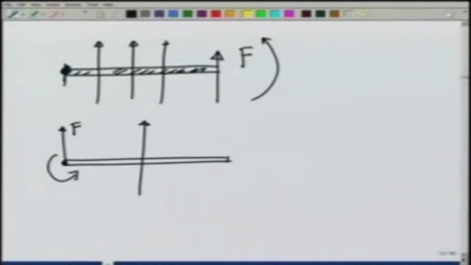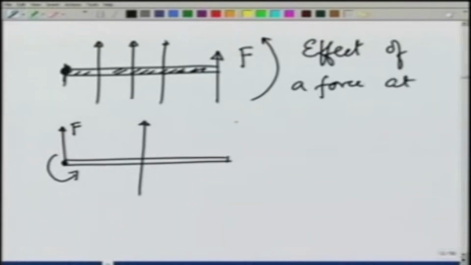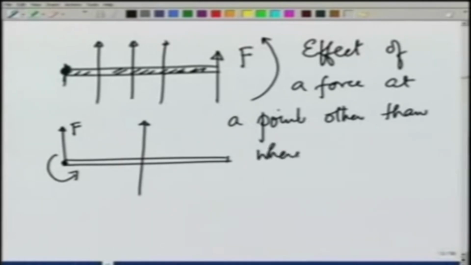That is the total effect of the force. So, what we are going to learn is the effect of a force at a point other than where it is being applied.